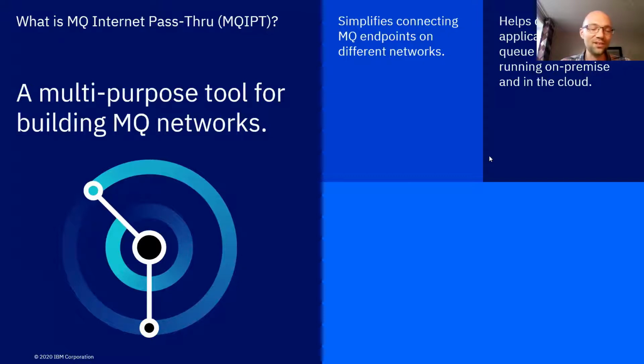So you've got a connection there going over the internet and going through one or more firewalls on the way. And of course, another scenario is that you might have your queue manager running in the cloud, and maybe you've got a queue manager running on premise as well, and you want to connect the two together. Those are all scenarios where you have MQ endpoints running on different networks, and you want to connect the two of them together. And IPT is made to help simplify and make that happen.